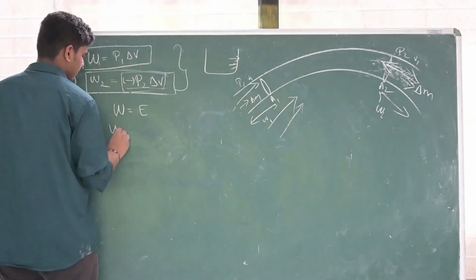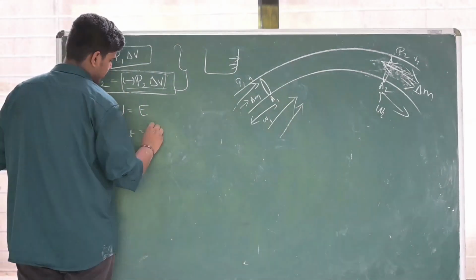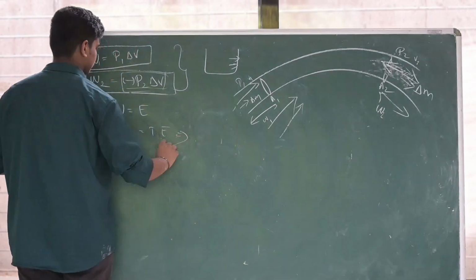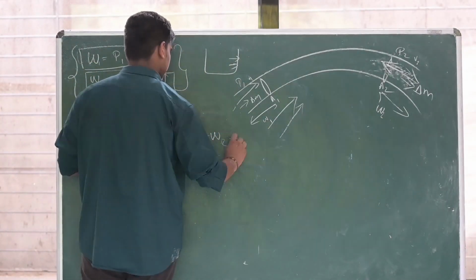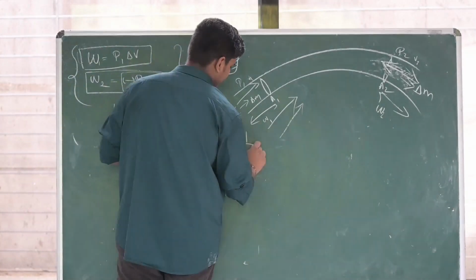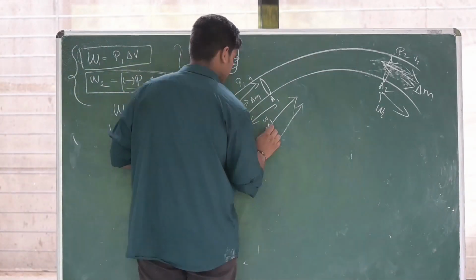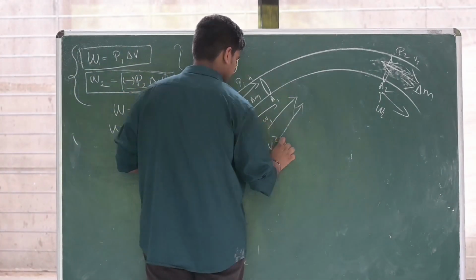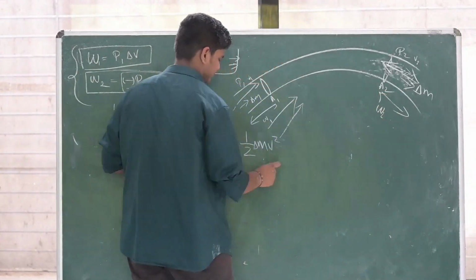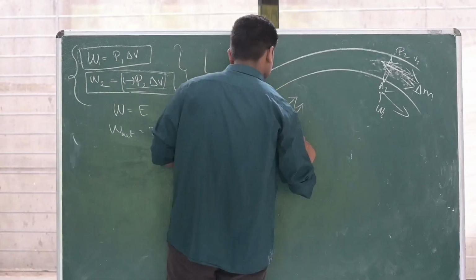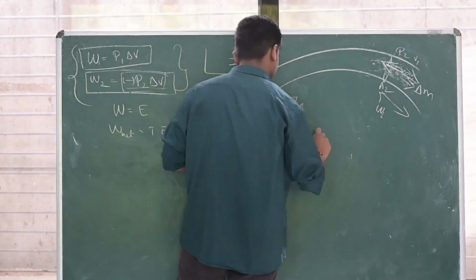Now, total work done is equal to total energy, where W1 plus W2 is equal to half mv square delta m, as delta m enters and delta m exits, plus delta m g into h.